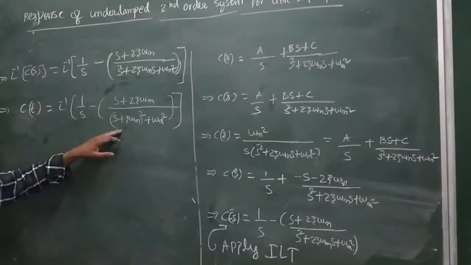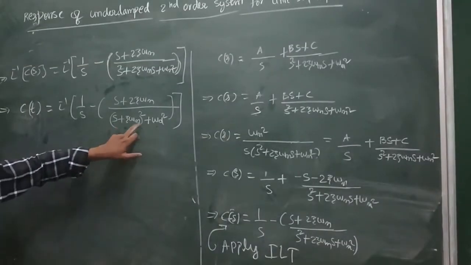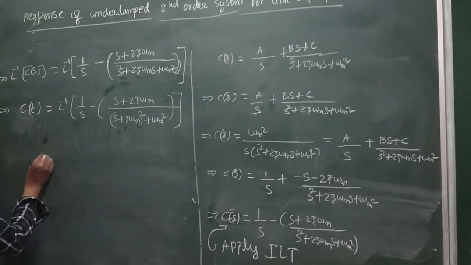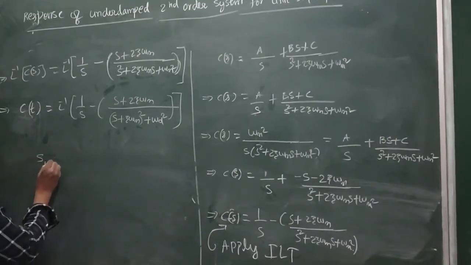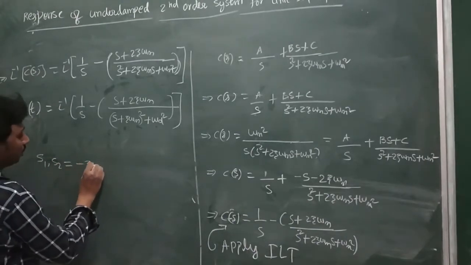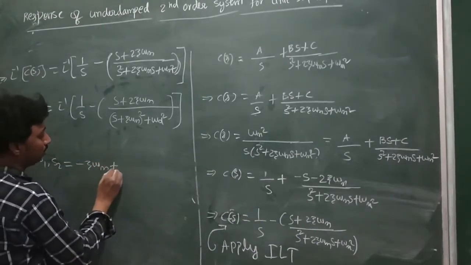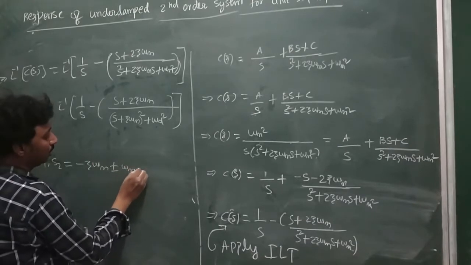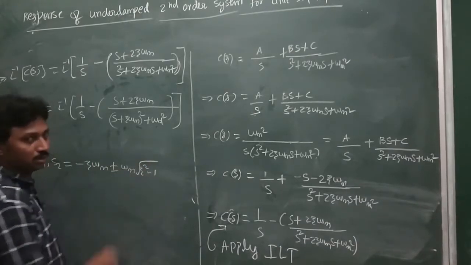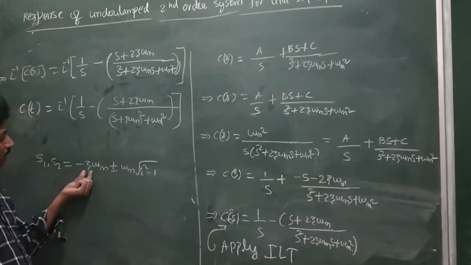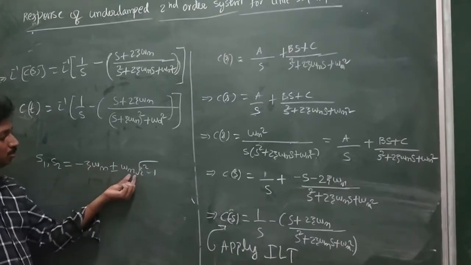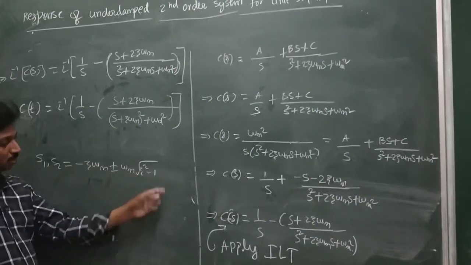So how did I write this equation? You know that s1, s2 is equal to minus zeta omega n plus or minus omega n root of zeta square minus 1.